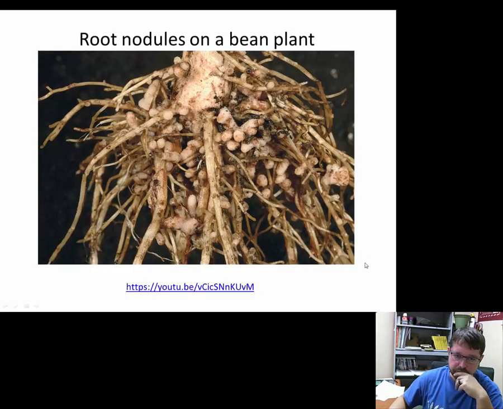So here you can see these are little bacteria nodules, or root nodules, with beneficial symbiotic bacteria in them that have the ability to fix that nitrogen. So the plant itself is not fixing the nitrogen; it's this symbiosis with the bacteria that fixes the nitrogen and allows those plants.